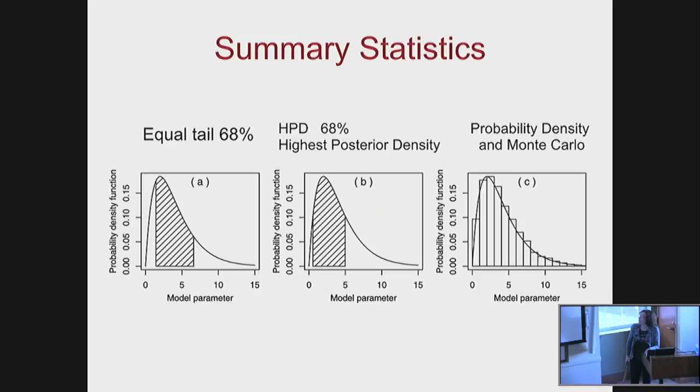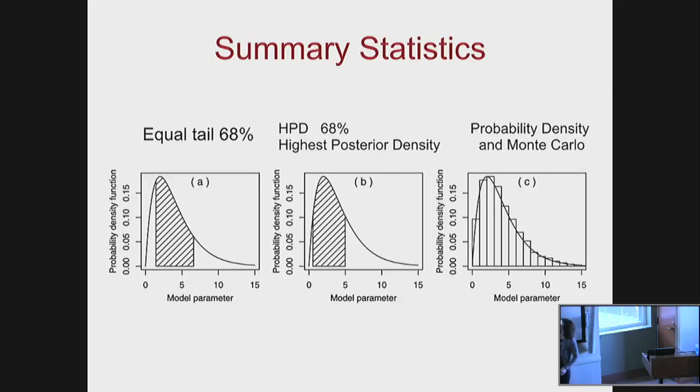And so the summary statistics for the posteriors are here. Vinay actually said something about equal tails. So I plot here the probability density function for some model parameter, let's say normalization. And you can look at the equal tail. So this is the 68th percentile.